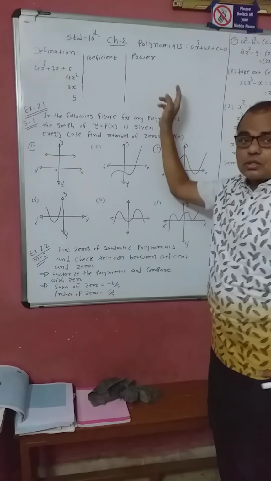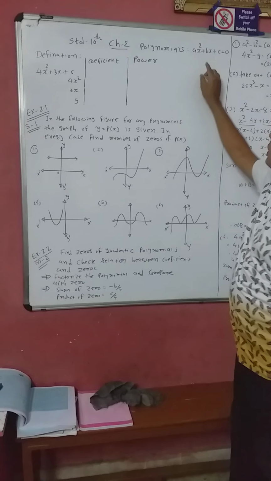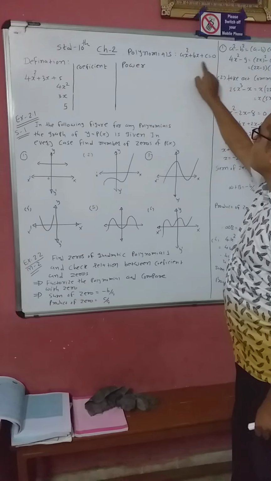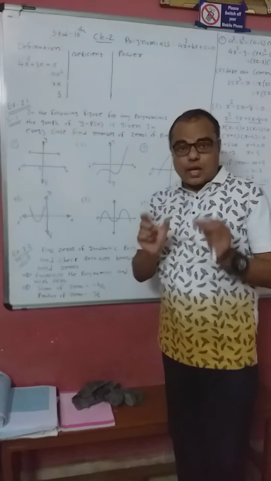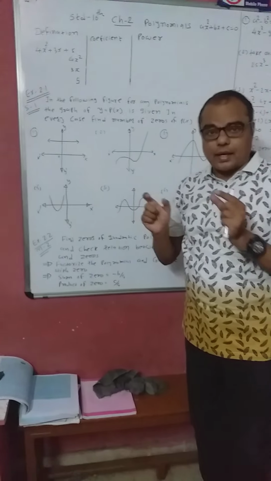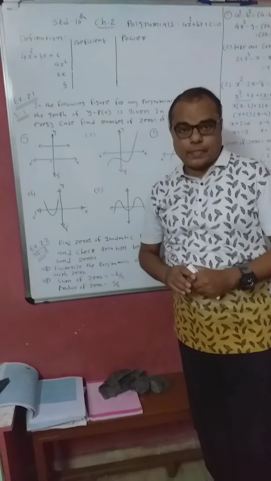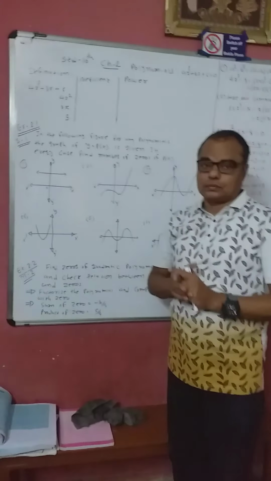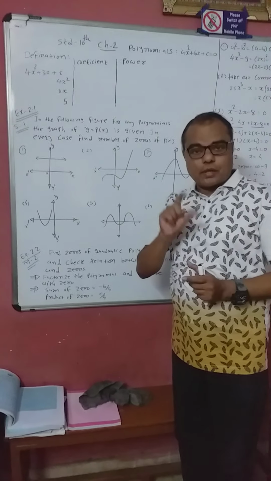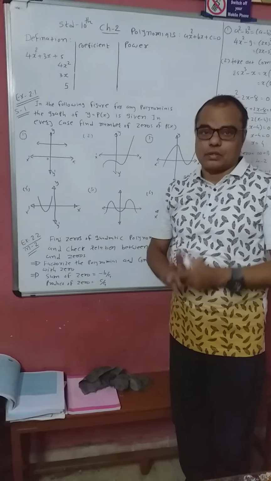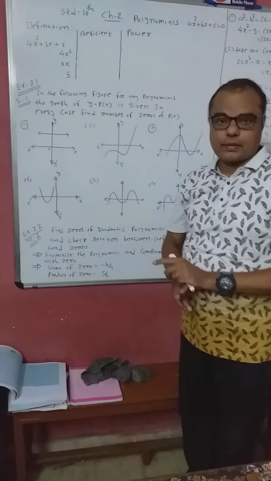Suppose this is a quadratic equation, ax square plus bx plus c. So x square and x, these are variables and they have a power. Same variable, power difference is known as polynomial.